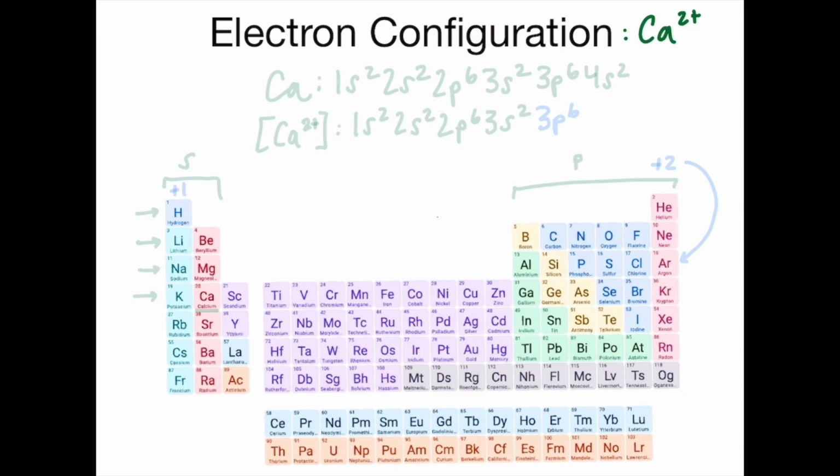Let's practice writing the full electron configuration of an ion. Let's start by writing the full electron configuration of the atom of calcium.